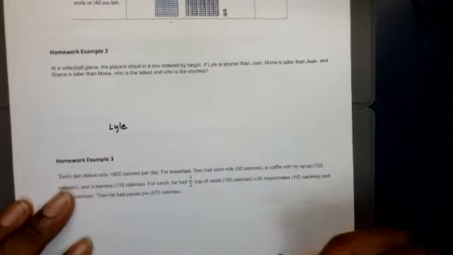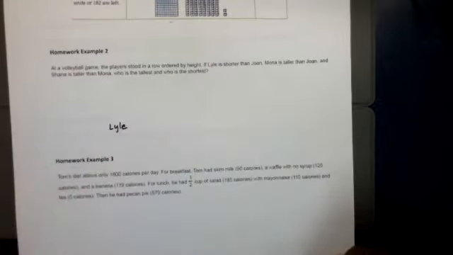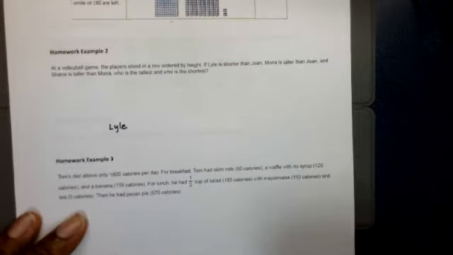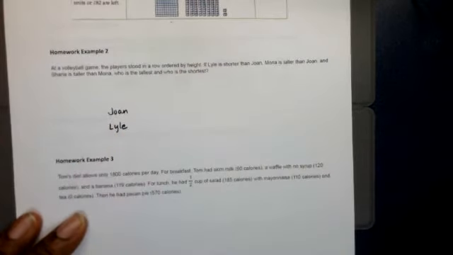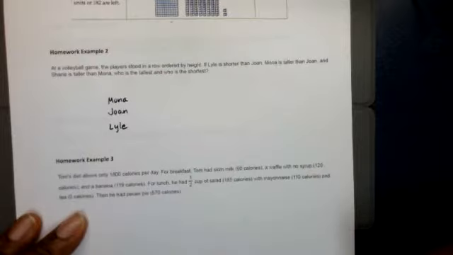Okay, so Lyle is shorter than Joan. So if I want to order this, I'll put Lyle down here at the bottom. And I'm ordering this from tallest to shortest, by the way. And Joan had to be above Lyle. Mona is taller than Joan. So Mona will be up here, and Shayna is taller than Mona.